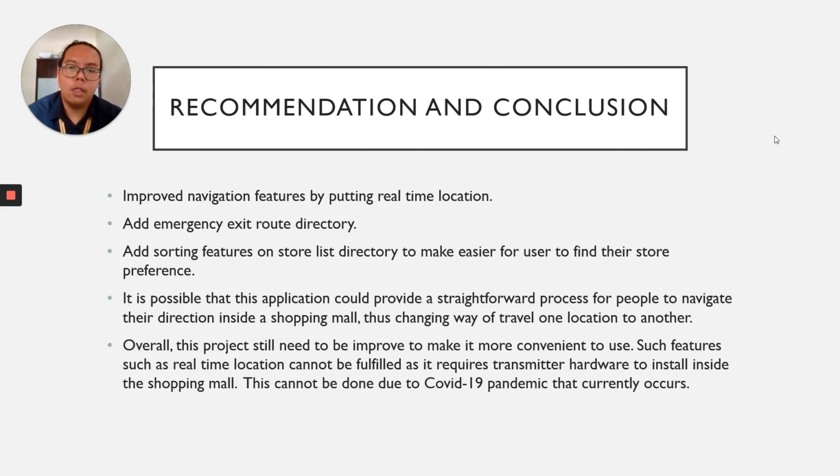It is possible that this application could provide a straightforward process for people to navigate the direction inside a shopping mall, thus changing the way of travel from one location to another.